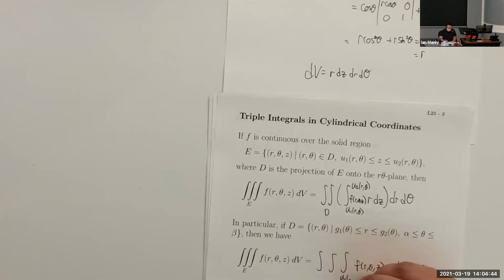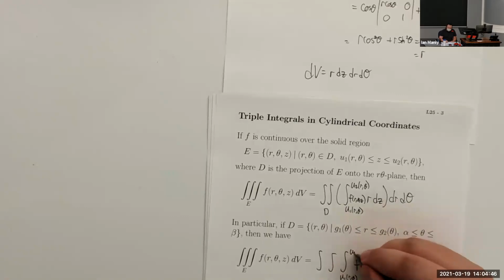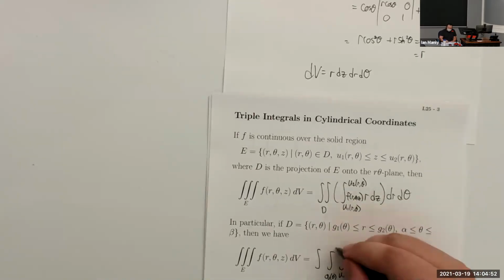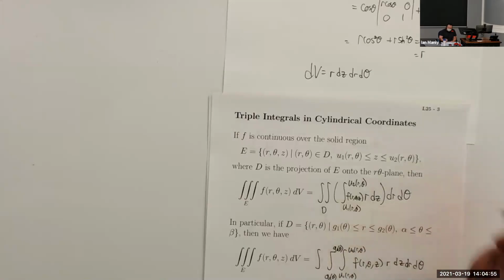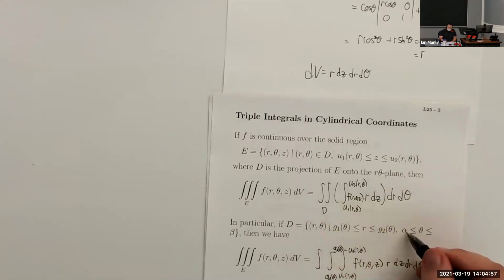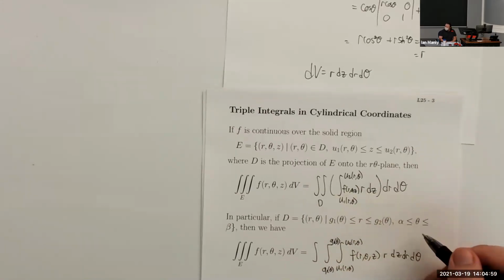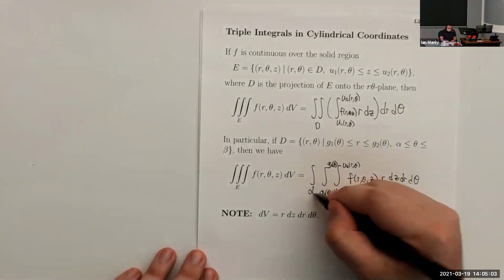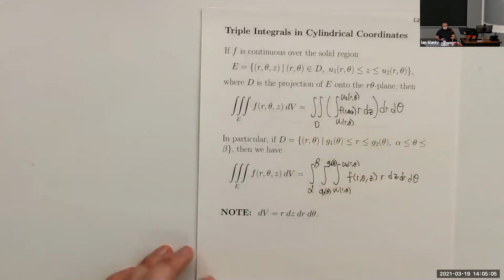And then we have u1 of r and theta and u2 of r and theta, so those are surfaces. Then we have our one-dimensional curves, which are g1 of theta and g2 of theta. And then we have our angles, where our angles go from alpha to beta right here. And there we go. So that would be how we would set up that triple integral in cylindrical coordinates.